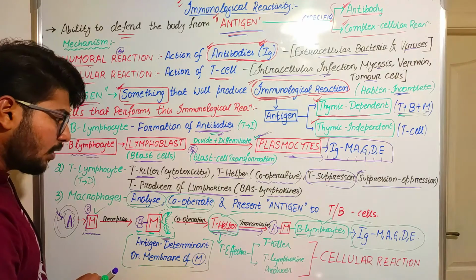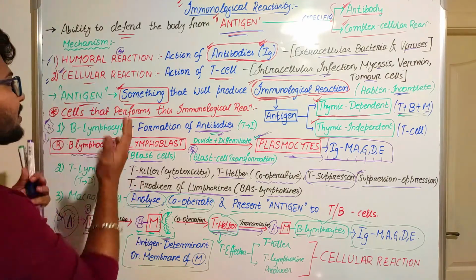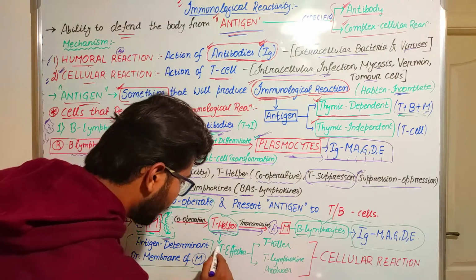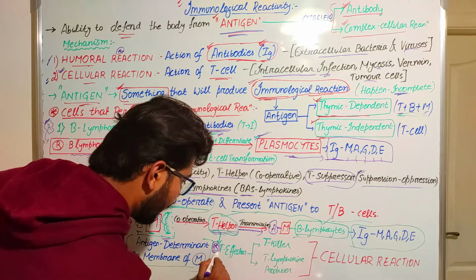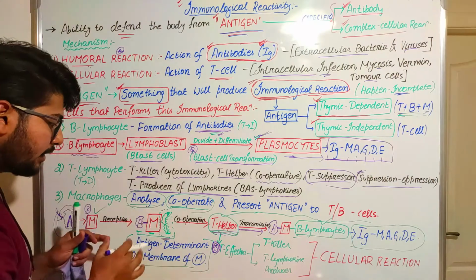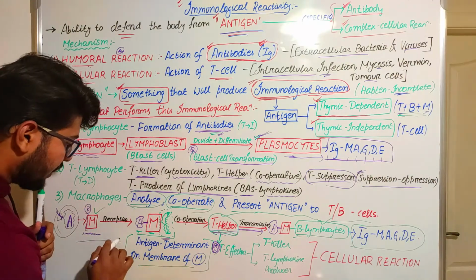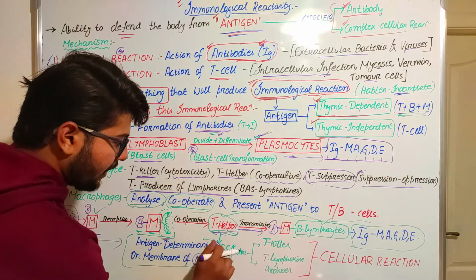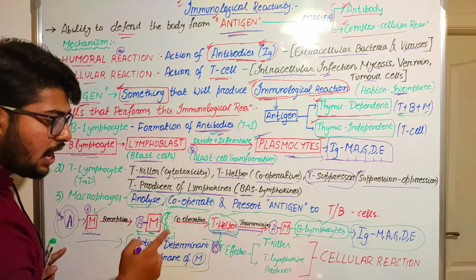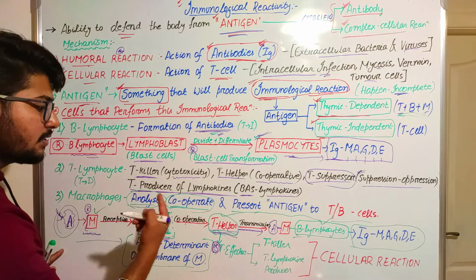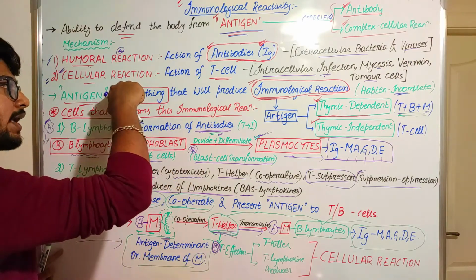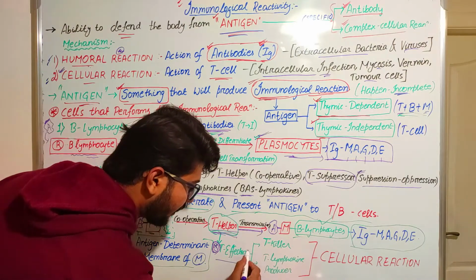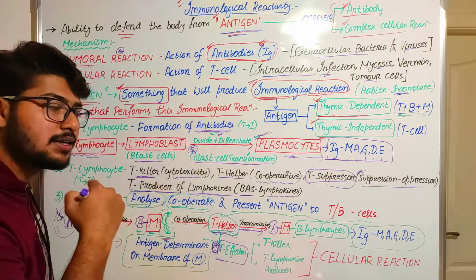Next, when these cellular reactions occur, I have written one more interlinking step: if the process occurs in a similar manner up to the T helper cell, and the cell needs to produce a reaction in response to the antigen, it will further activate the T effector cells.